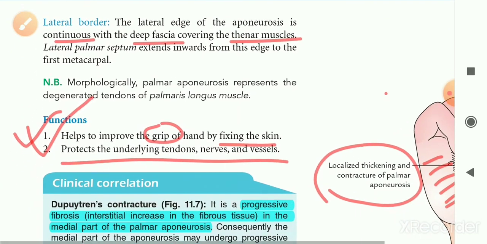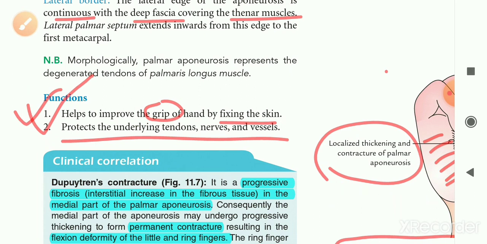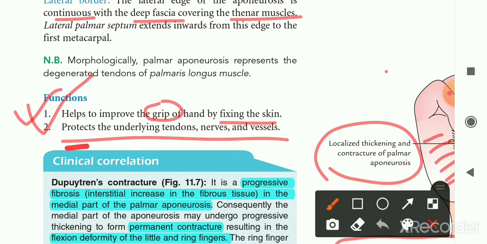Now, what is the function of this palmar aponeurosis? The palmar aponeurosis helps us in the gripping movement of the hand, and it also protects the underlying tendons, nerves, and vessels.